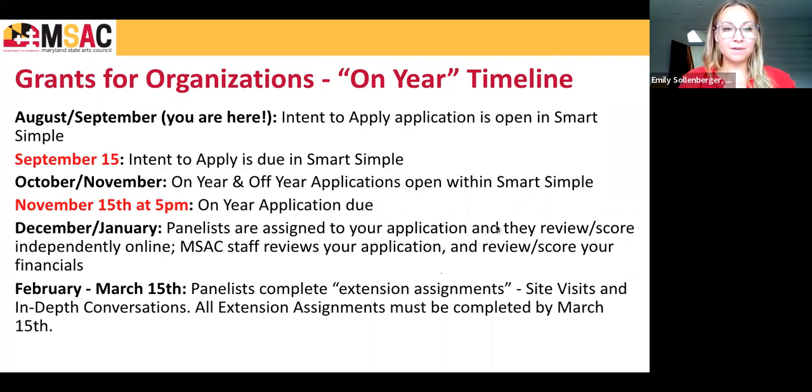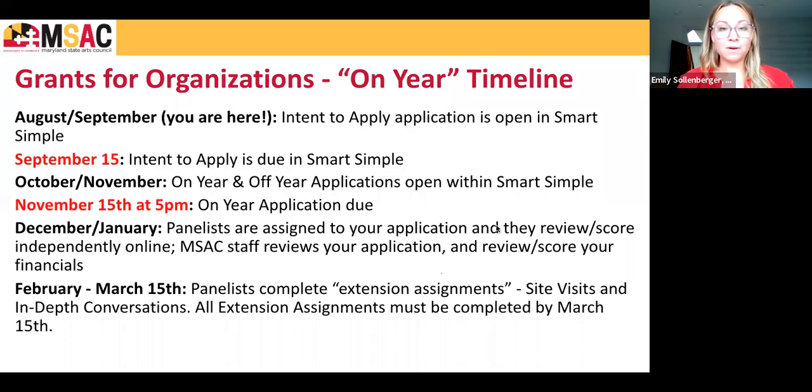Then in December and January, panelists are assigned to your application and they review and score independently online on their own time. The staff then also reviews your application, and Laura or myself will review and score your financials. So there's two different pieces there that make up your full panel score.